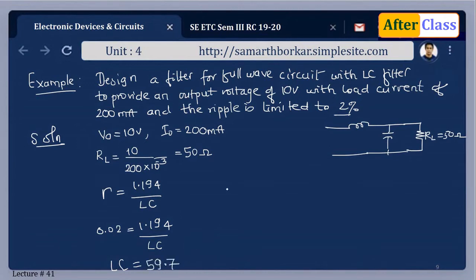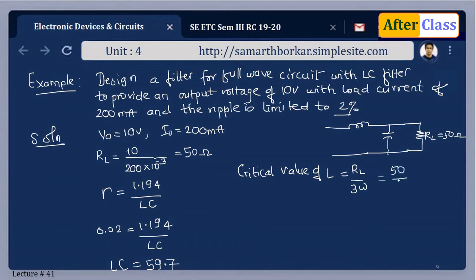Fine. Now as I said, we can assume L and find out C, or we can assume C and find out the value of L. But then here we have to remember that there has to be a critical value of inductance so that current passes or one of the diodes is conducting all the time. Fine. So this critical value of L is given as RL by 3 omega.